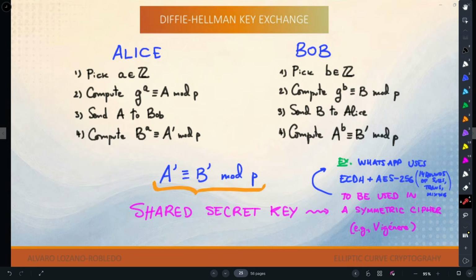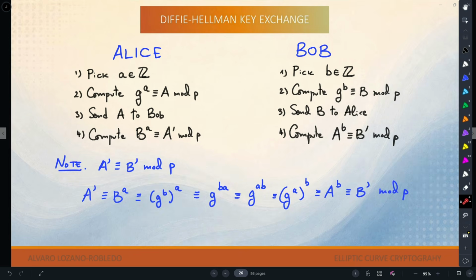Why is that so? That's because those two coincide. What is A prime? That's B to the a, that's g to the b to the a, so that's g to the b times a, which is g to the a times b, thanks to commutativity of multiplication in exponents.